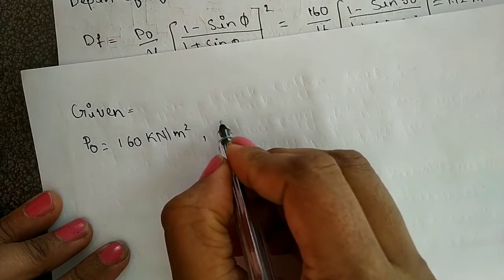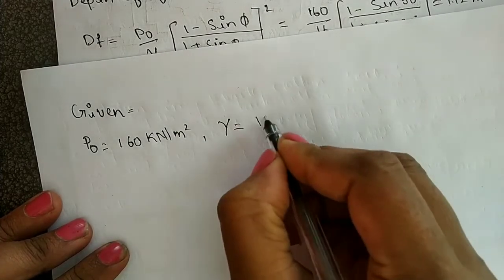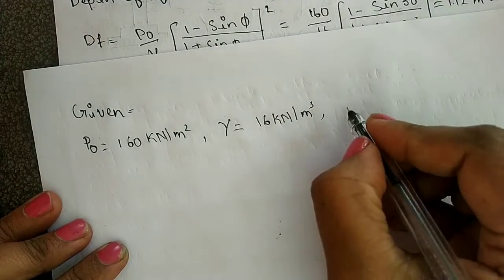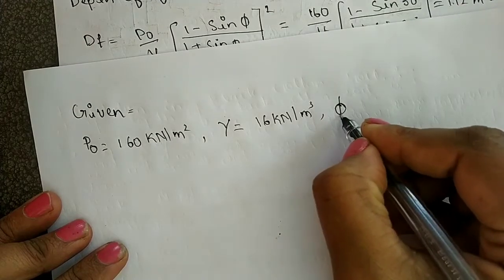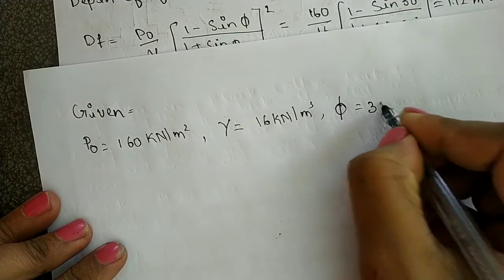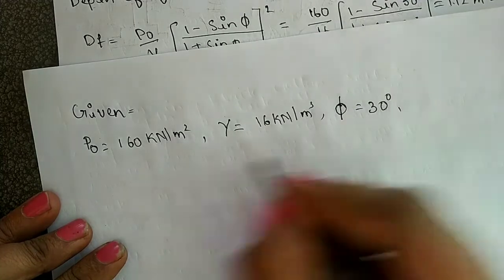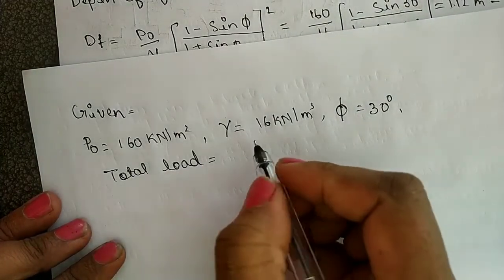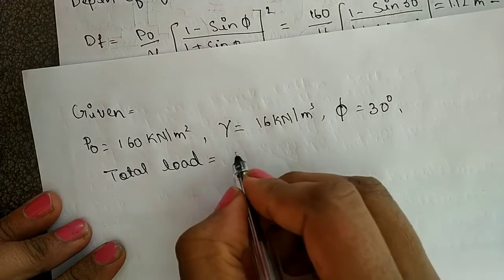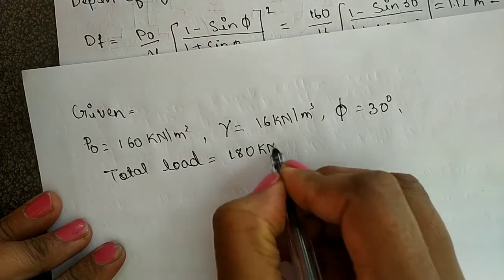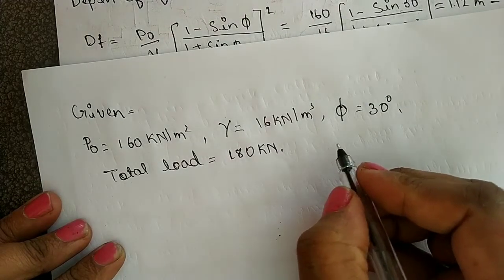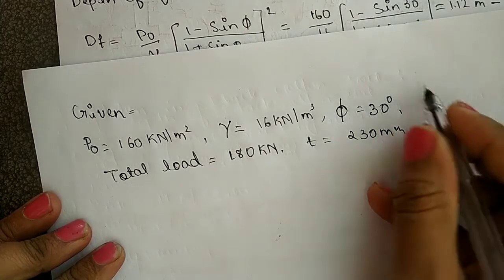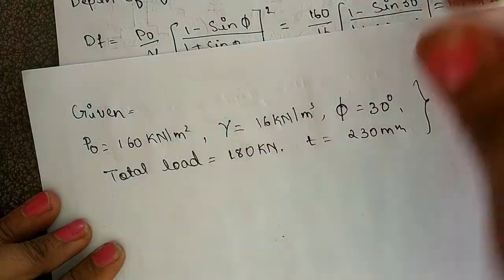Next, the density gamma is 16 kilonewton per meter cube. Then phi, the angle of repose, is 30 degrees. Then the total load given per running meter length is 180 kilonewton. The thickness of the wall is given as 230 mm. These are all the given things, so you have to write them first.